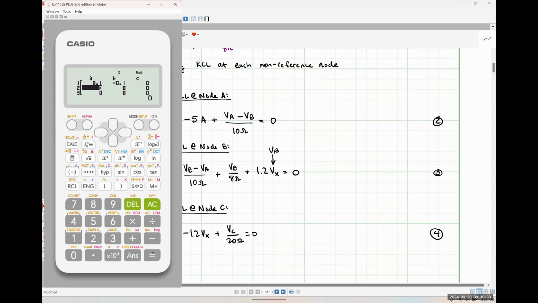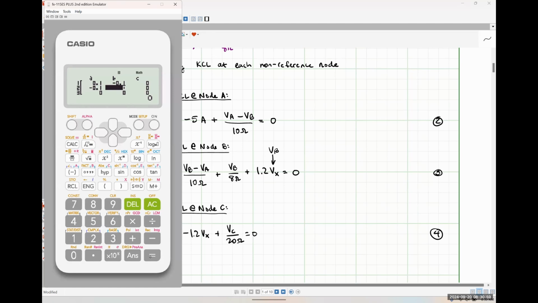In my second equation, what is my coefficient for VB? Or excuse me, VA? Negative 1/10. My coefficient for VB is going to be what? 1/10 plus 1/8 plus 1.2, right? And luckily for us, our calculators are way smarter than I am.